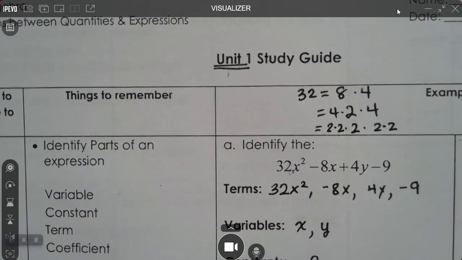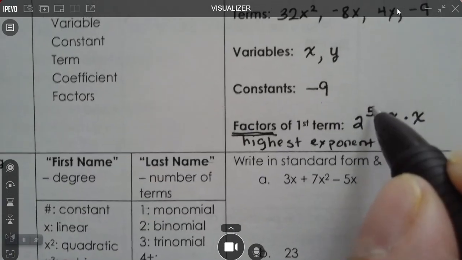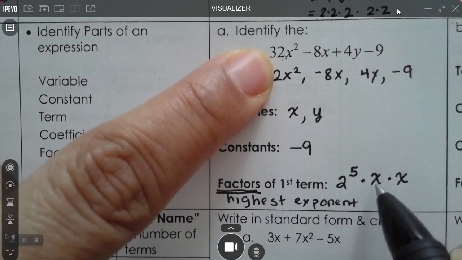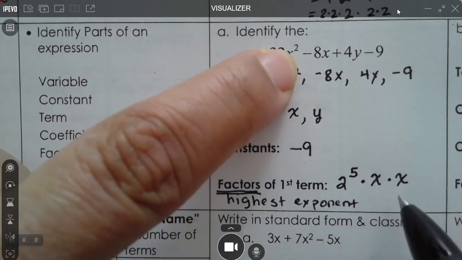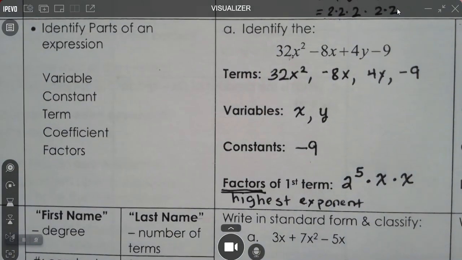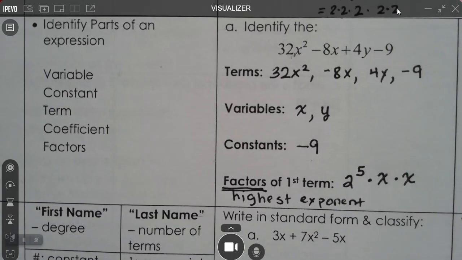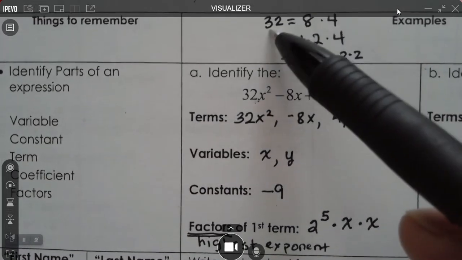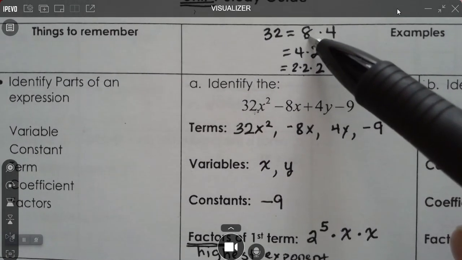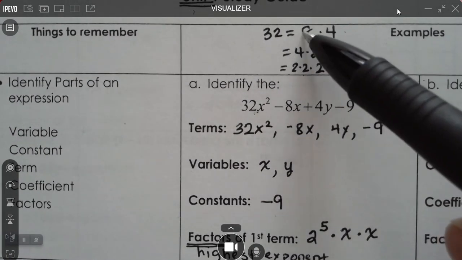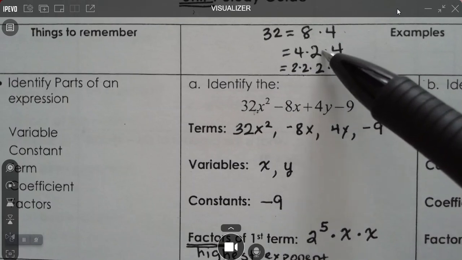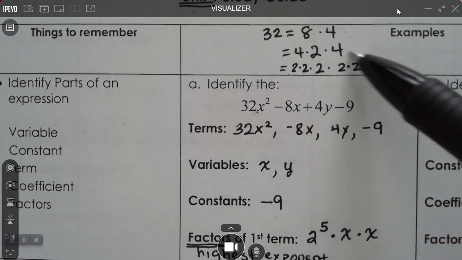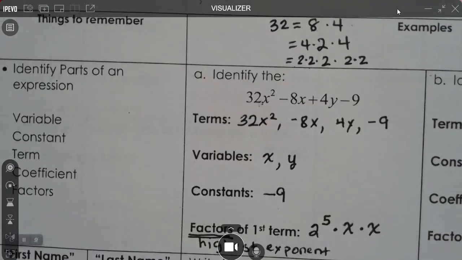The 2 to the 5th is the 32, and the x times x is the x squared. So those are all the factors of the first term. If you're wondering how we broke it down, we took the 32, broke it down into 8 times 4. I broke down the 8 into 4 times 2, and then I further broke down the 4s into 2 times 2s. It's a total of 5 2s.